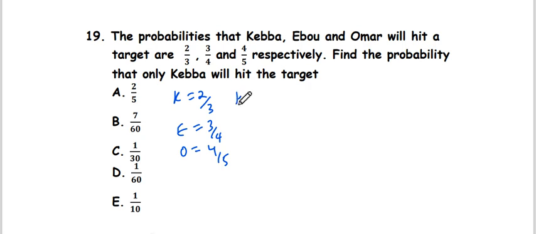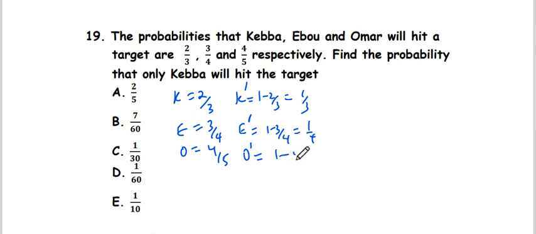So the probability that Keba will not hit is 1 minus 2 over 3, that's 1 over 3. The probability Ebu will not hit is 1 minus 3 over 4, which is equal to 1 over 4. And the probability that Oma will not hit will be 1 minus 4 over 5, which is equal to 1 over 5. So the probability that only Keba will hit: if only Keba will hit, that means Ebu will not hit and Oma will not hit.